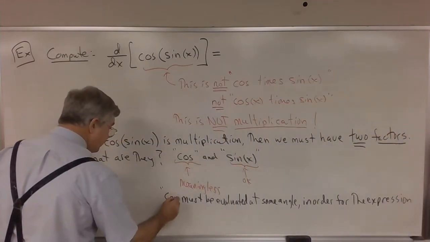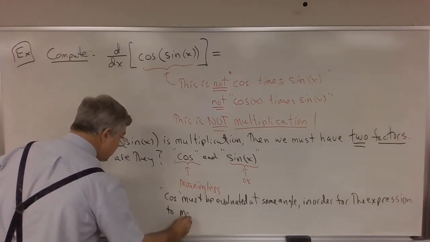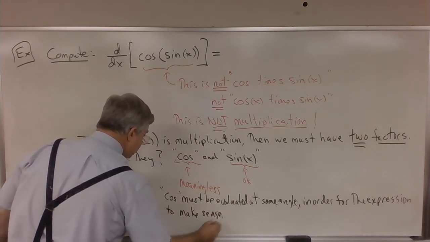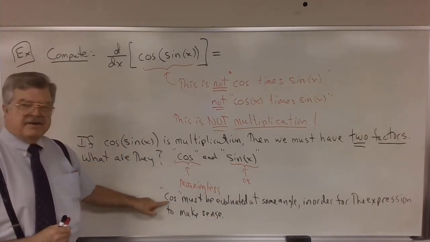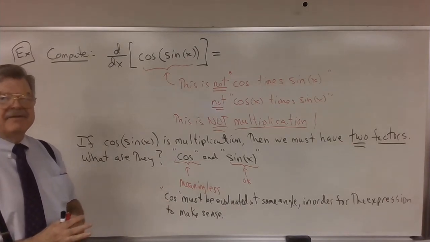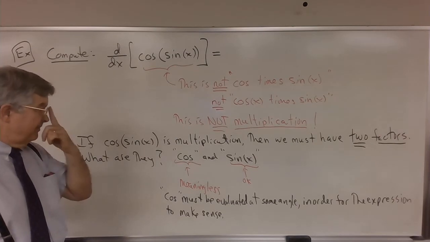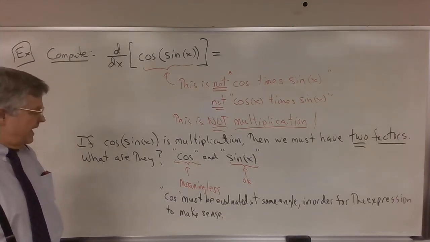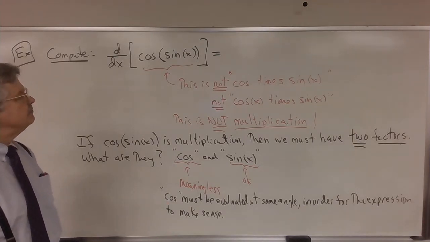Just plain cosine with no angle after it is absolutely meaningless. We have to have cosine evaluated at an angle.